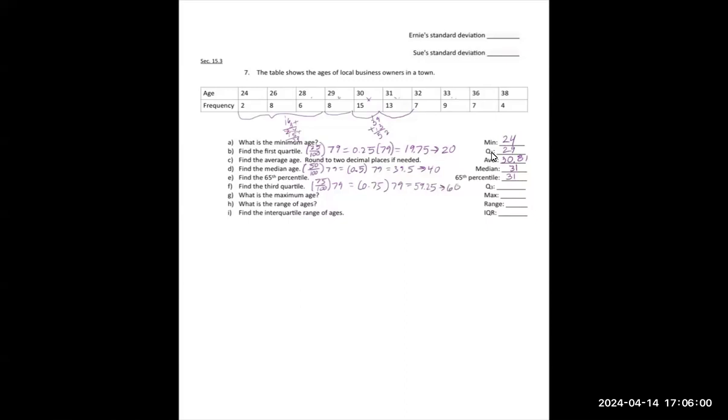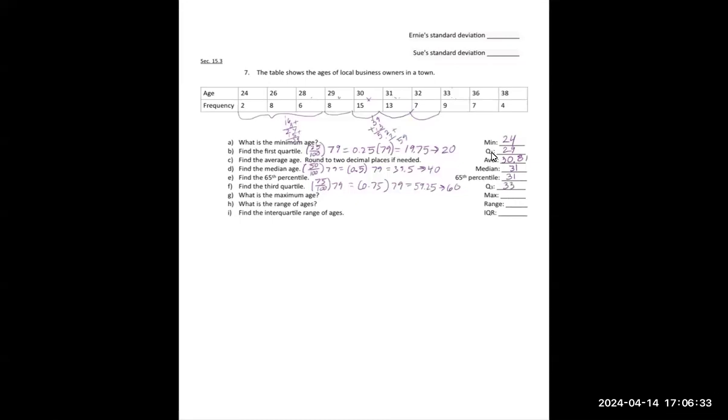So we need to find the 60th person in line. We already know that when we include the people who are age 31, that was 52 people. If I add 7, the number of people who said 32, then I'm going to get 59. So that tells me that the very next person is going to be the 60th person in line, and they're going to be of age 33. So 33.